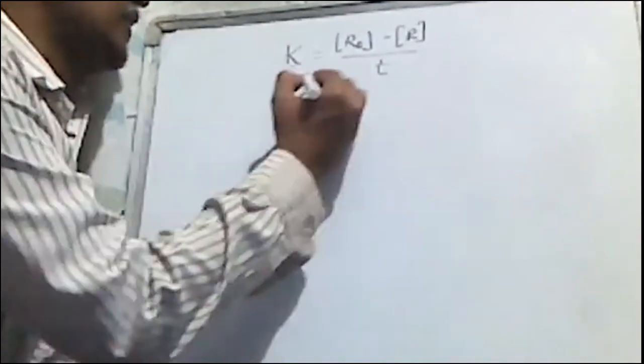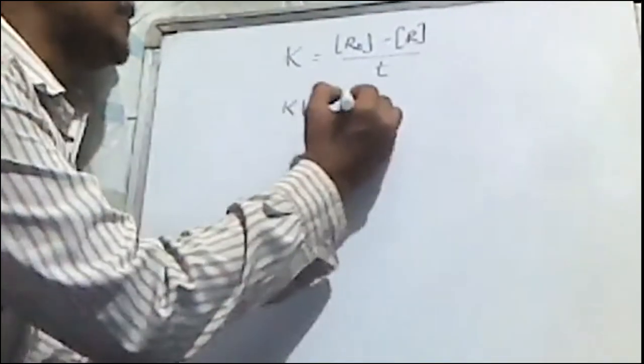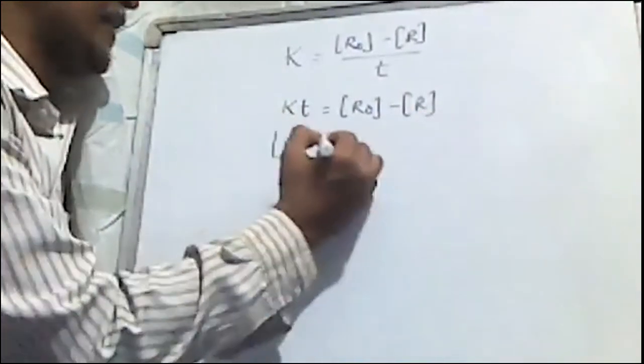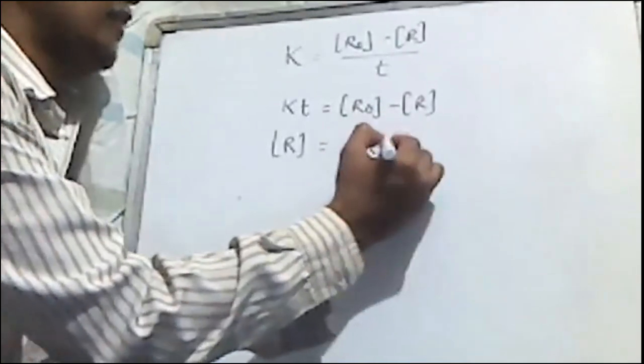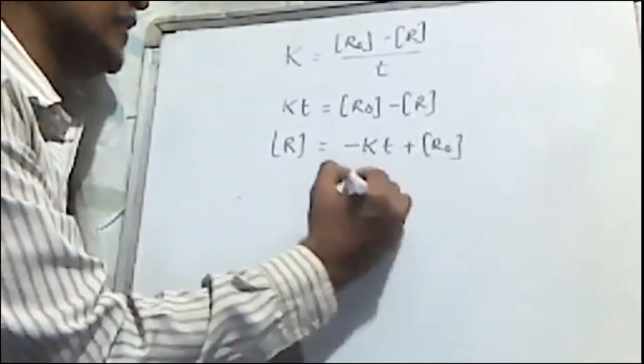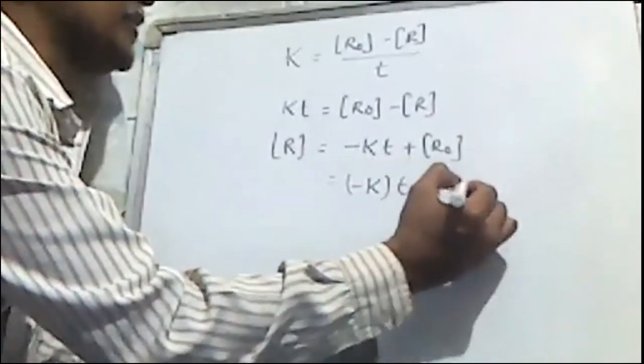I am slightly rearranging the terms. Bringing t to this side, we get Kt = R0 minus R. Now if I bring R to this side and Kt to that side, it becomes minus Kt plus R0 equals R. Now I am writing it as R = minus K into t plus R0.